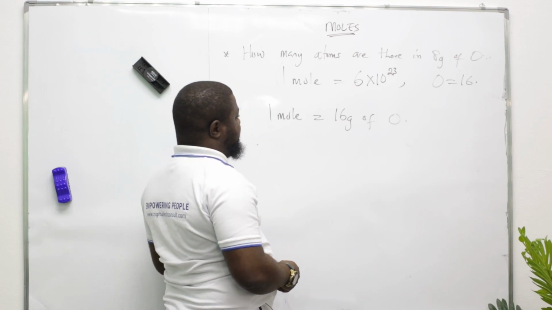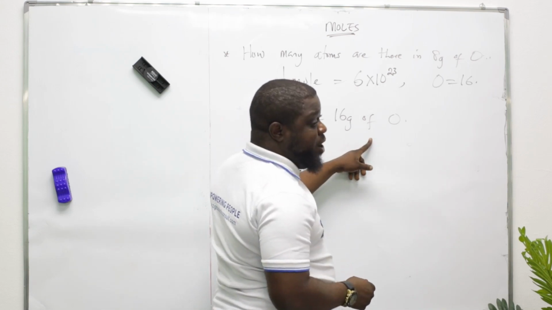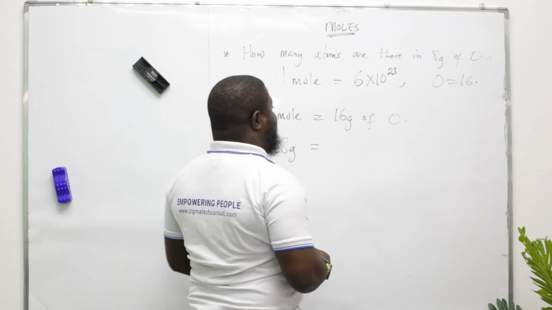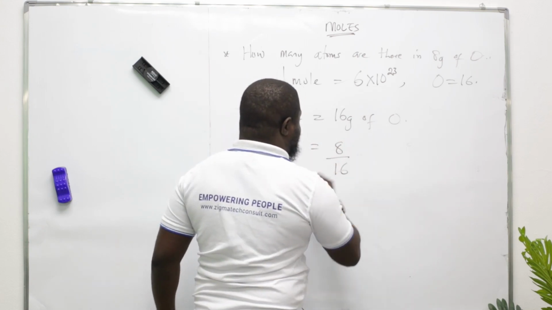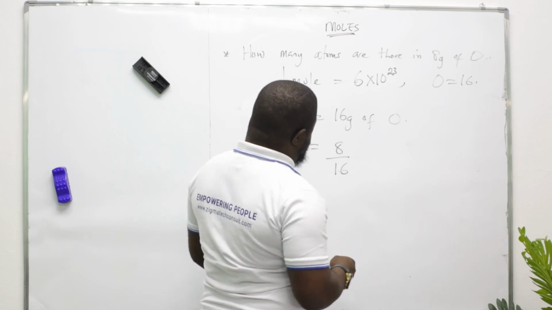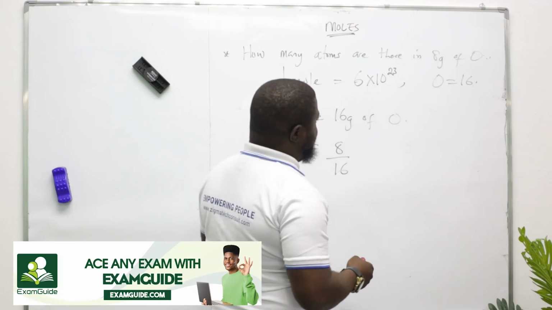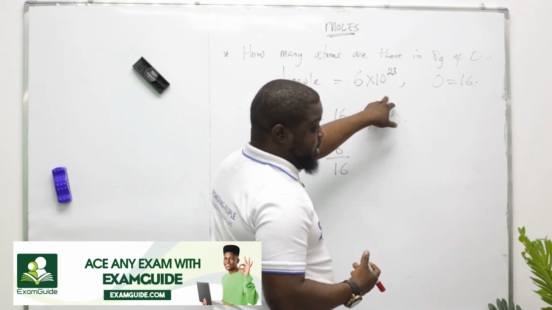16 grams of oxygen is 1 mole. So 8 grams of oxygen will be 8 divided by 16. Remember, they asked how many atoms are there in 8 grams of oxygen, and they gave you 1 mole as 6 times 10^23.